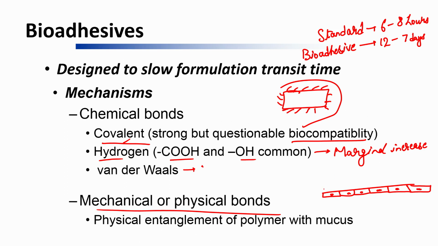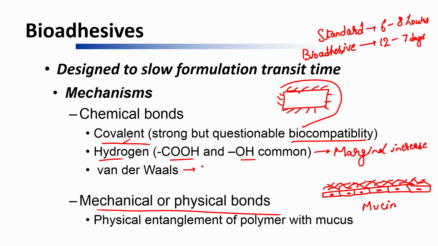Mucus is nothing but a combination of lots of polymers, and when I say polymer, in this case these are proteins. One of the major proteins is mucin, and these are long, high molecular weight chains that are being secreted and essentially forming a gel.